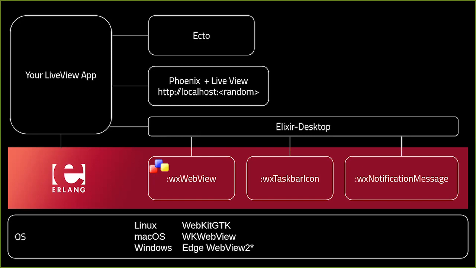It's very procedural, and we don't want to touch that. So Elixir Desktop helps you not touch wxWidgets, but instead gives you easy access to what you need to be a good desktop citizen, and otherwise wraps your web application. So you can work declaratively with your web view, and even declaratively define application menus.